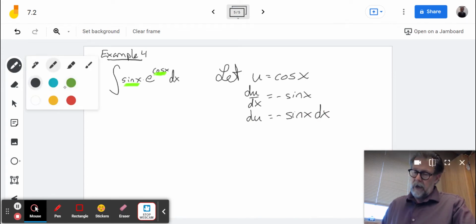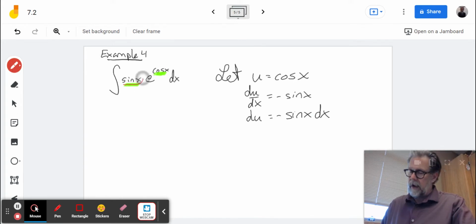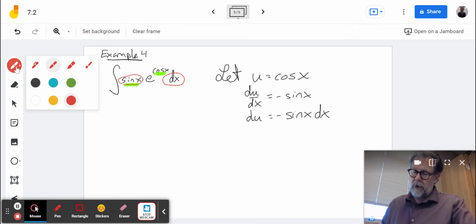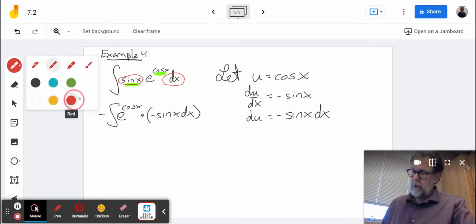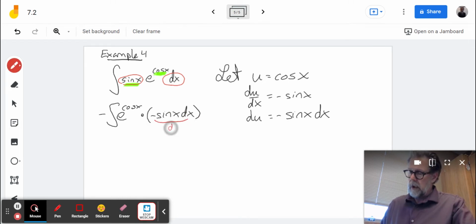And what you might immediately have noticed is that, hey, I've got a sine of x dx in my equation, which means that if I were to put a negative in front of this sine x dx, I would have du.